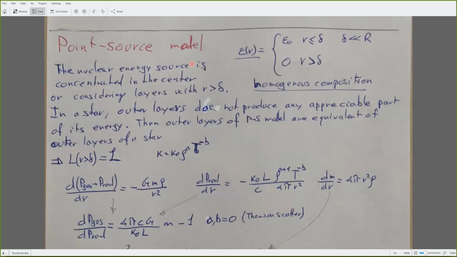I say the name, but actually it can also be a little bigger, but the important thing is that it is really smaller than the radius, and outside it is just 0. That is essentially how a star works, more or less, because usually the production of energy is just inside the core of the star. For the sun, as we saw, we calculated it is inside 30% of the radius.